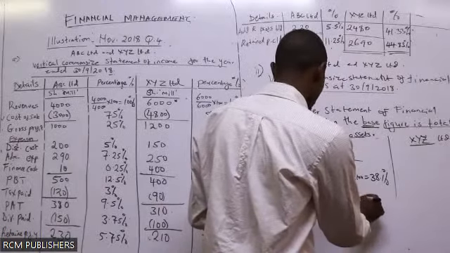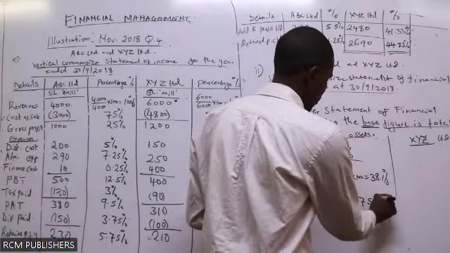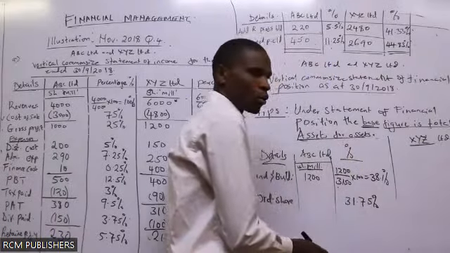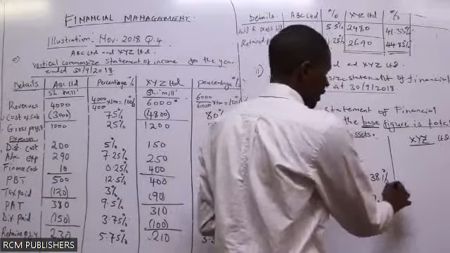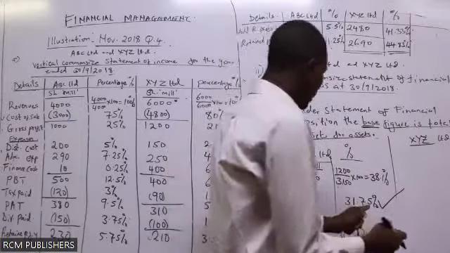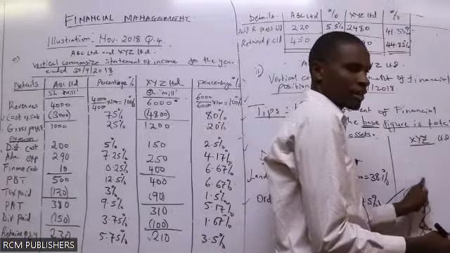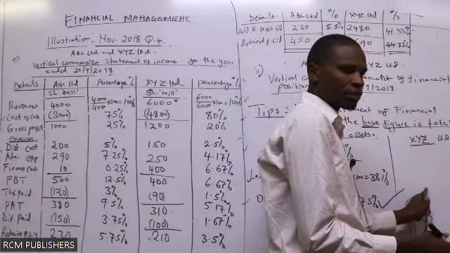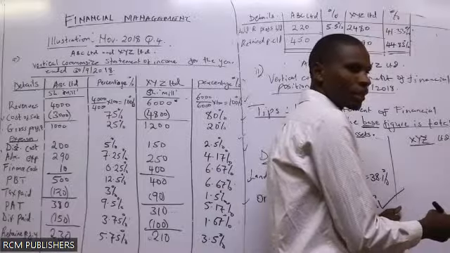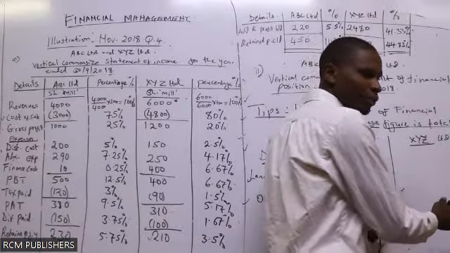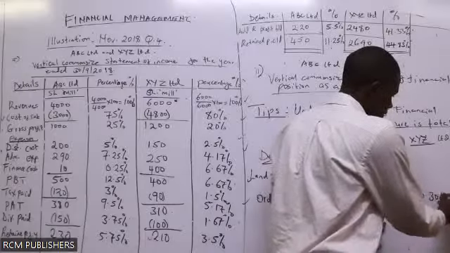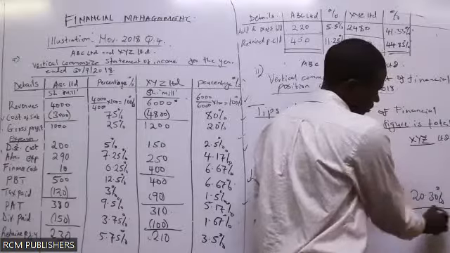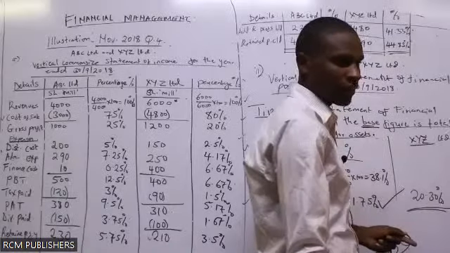So 31.75%. Exactly. Great. Let's go to ordinary share for XYZ. 20.30. 20.30%. It's a percentage. Thank you so much.